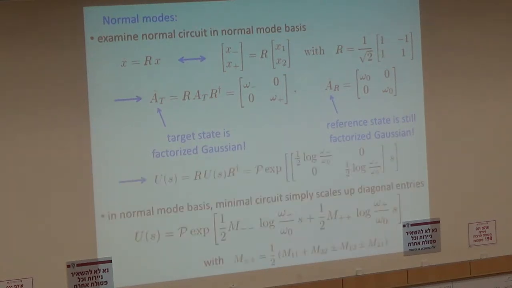So in this basis, the circuit is just this simple diagonal circuit. And you can re-express that in terms of the original generators. Again, it takes some simple form with those two linear combinations, which are just the x1, x2 representation of the generators in the normal mode.